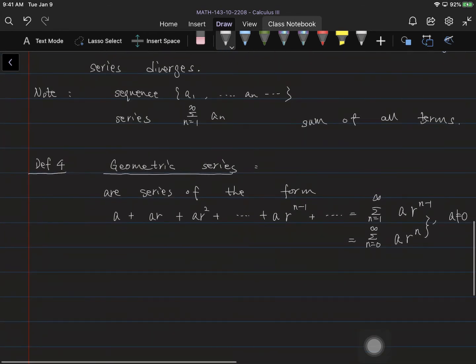So you can always use the first one, and the second one is just easy to see. Okay. And here R is called a ratio. Ratio R here can be positive and negative.